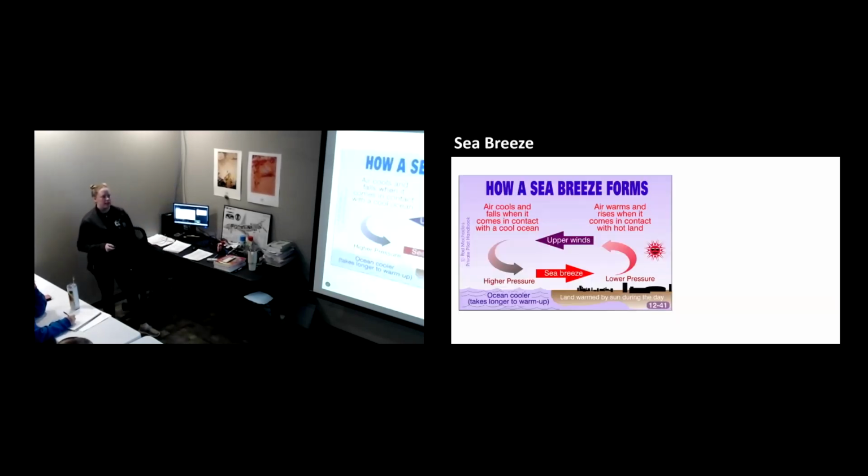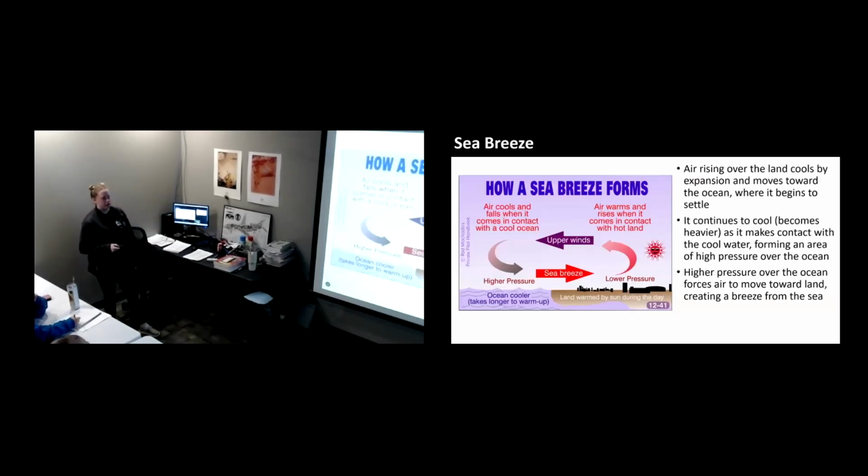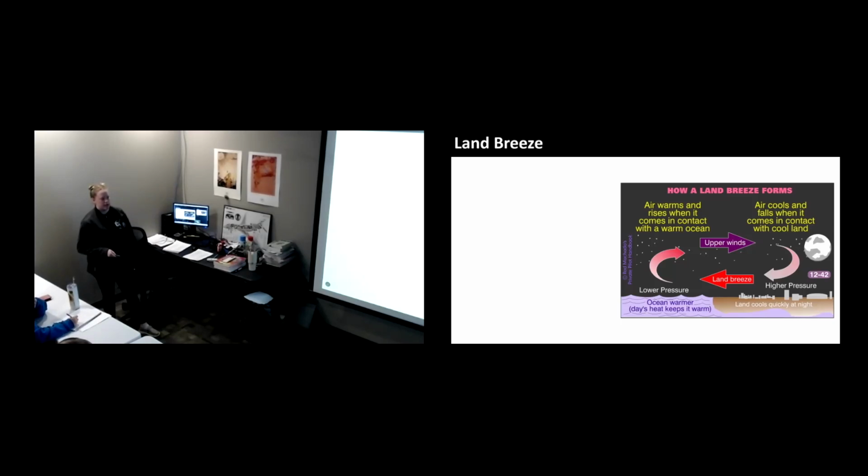You guessed it, there's a land breeze too. Typically at night, the day's heat keeps the water warm and the land cools quicker at night. So we have a land breeze, high pressure, low pressure, and the breeze is coming from the land back up and around. We're not going to deal with this much out here in Chester County.